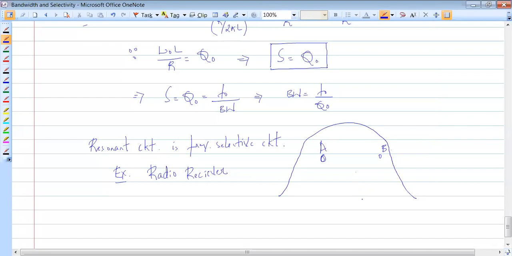So what I want is my response, the response that we have just seen, to be something like this or something like this, so that I get to listen to station A only, or station B only. This is wrong.